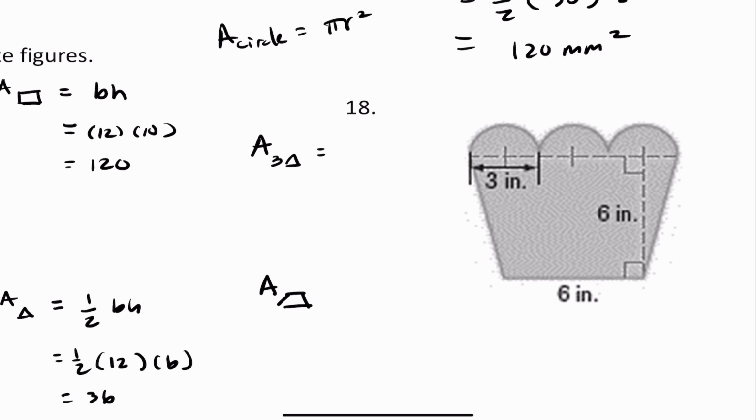But with a semicircle, you need to divide the area by 2. So pi r squared divided by 2. But since we have 3 semicircles, we just simply say 3 times pi r squared all over 2.